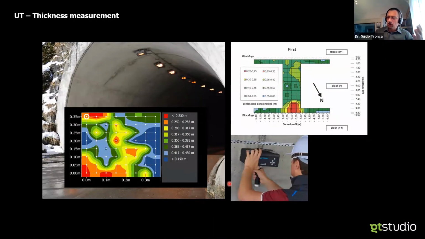Number one, in order of appearance of the applications that I mentioned, is pure thickness measurement. Not by chance, this is the first application in the world that currently has a specific guideline.